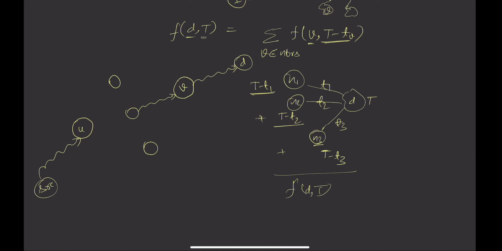These are direct edges, not through any other vertex in between. There is a direct edge from here to here, from here to here, and let's say there is an edge from here to here also.